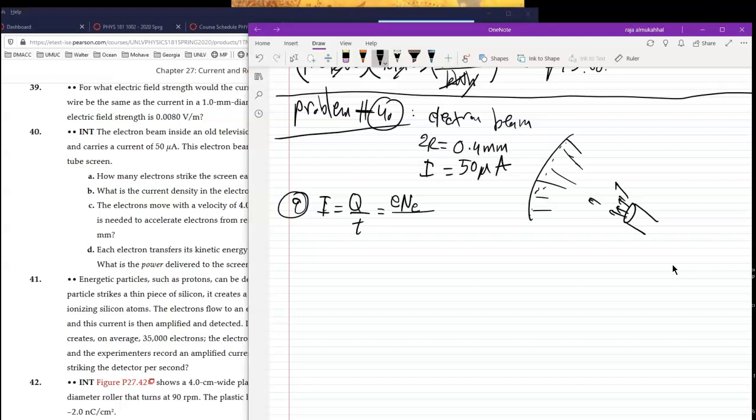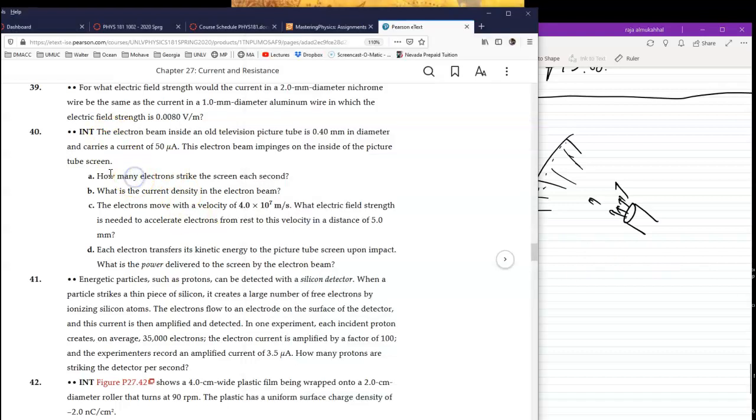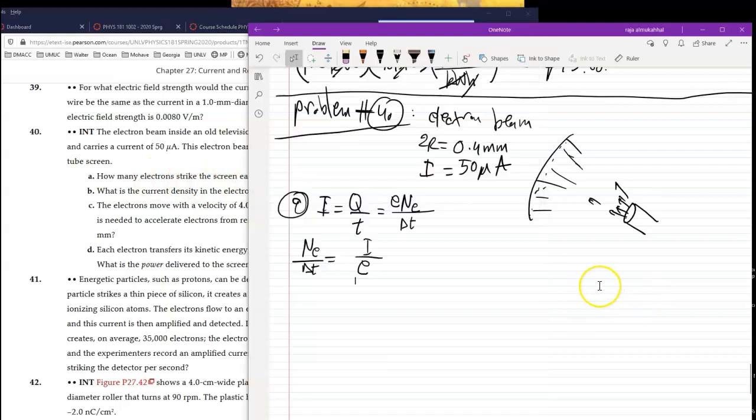The charge is equal to the fundamental charge times the number of electrons, divided by delta T. Now if I take N_e over delta T, I can move the e here, that's equal to the current divided by e. Remember, he says, how many electrons strike each second? Well, here it is. Number of electrons each second is equal to current over e. Do you see the trick?